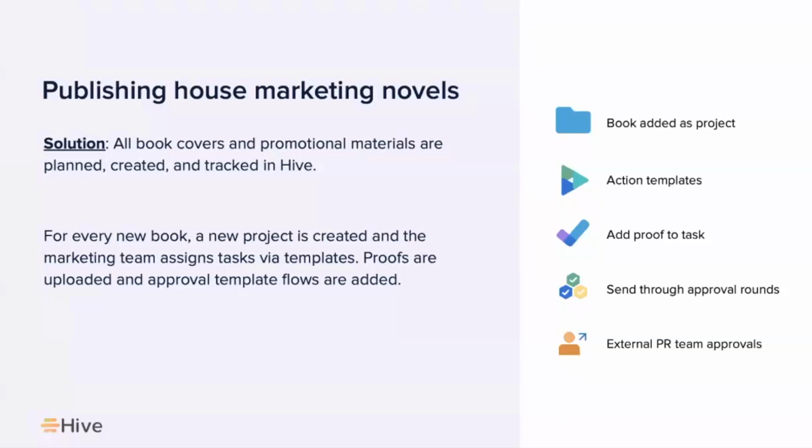So every book that would come in, they would have a press action template, a design action template. That is different from the approval templates, but that would allow them to basically ensure that they had those same repeatable processes every time. And so when it came down to the finalized asset task, they would be able to upload a proof and work through that process without missing any steps.